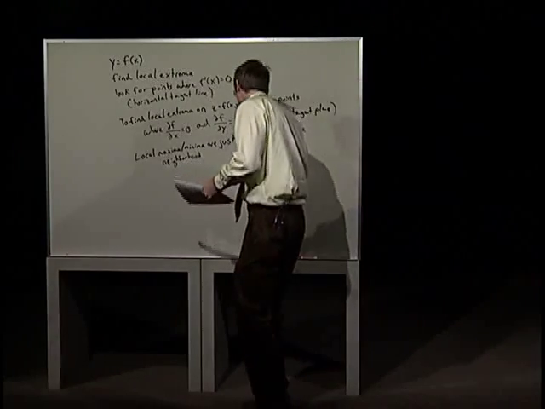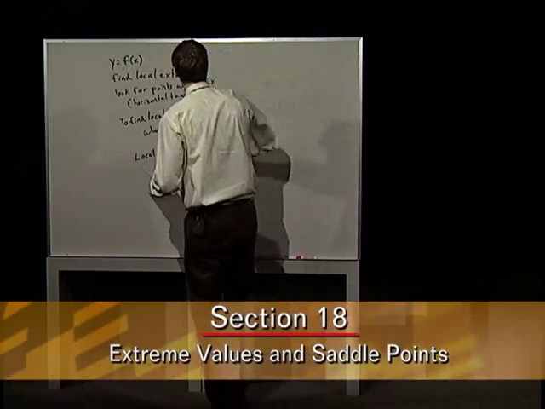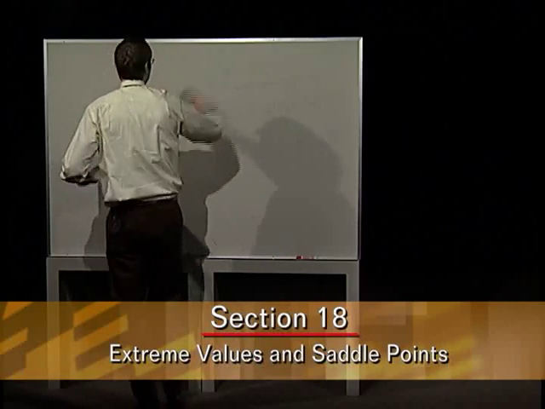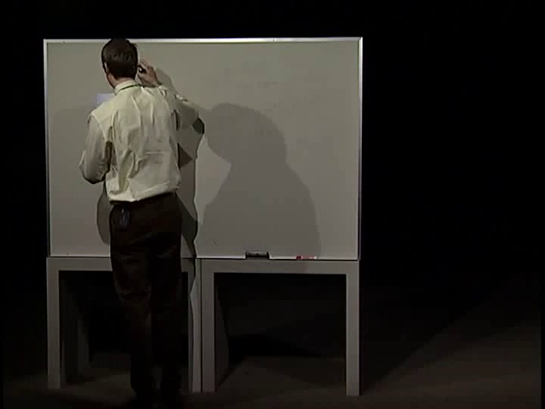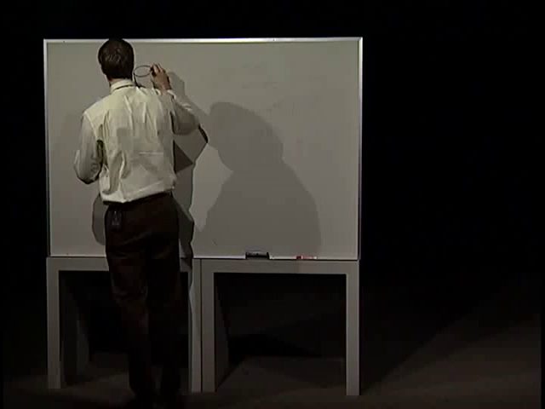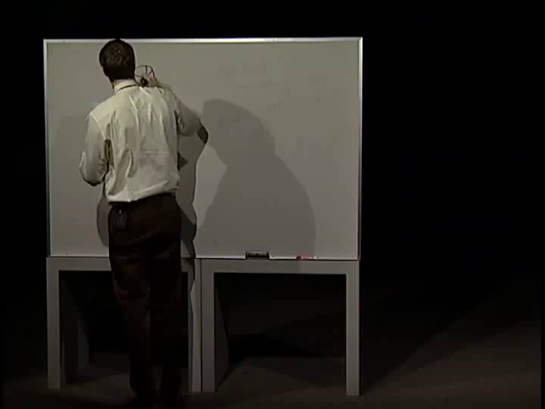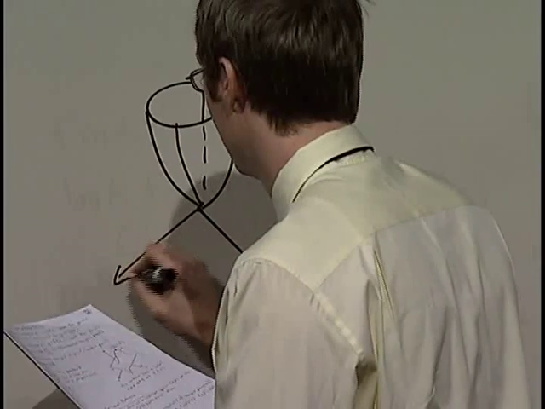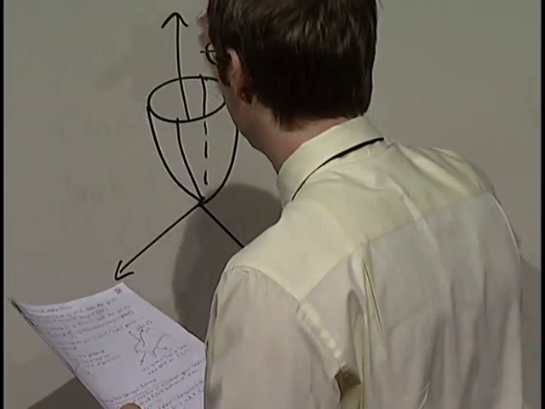So as an example, let me get rid of all this. And then if I did something like a paraboloid like that, and I had it sitting on the xy plane, there's z.